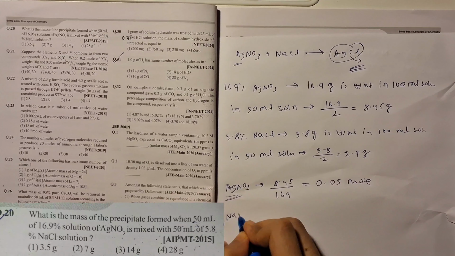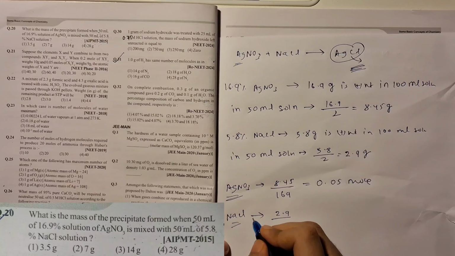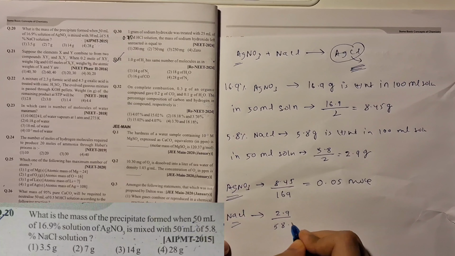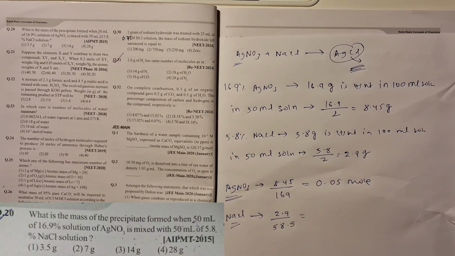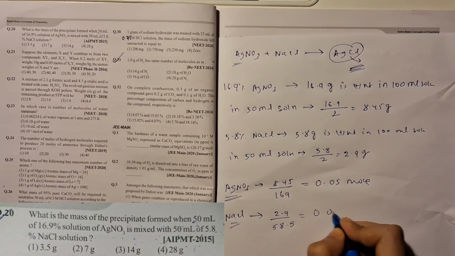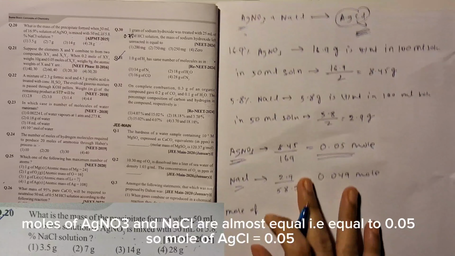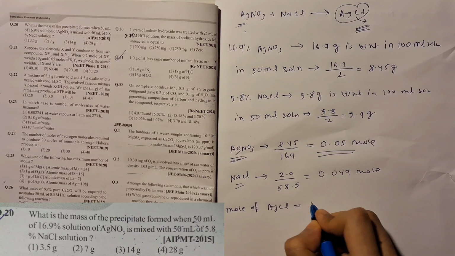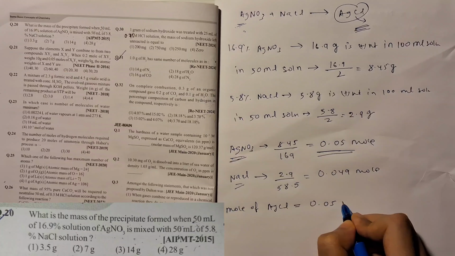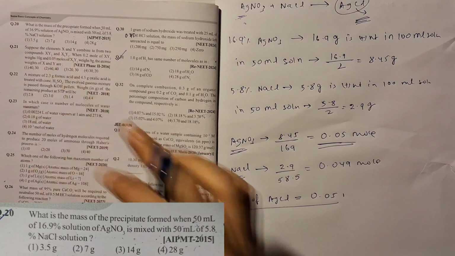And for NaCl, 2.9 by the molar mass of NaCl, which is 58.5, and it will be 0.049 mole. The moles of AgCl will be 0.05, but here we need to find the mass.